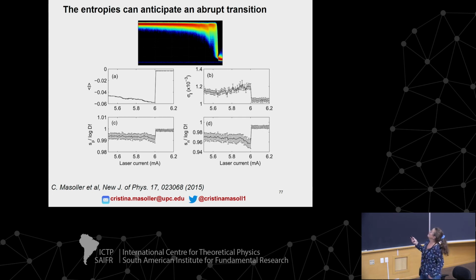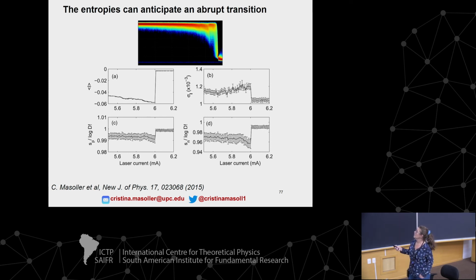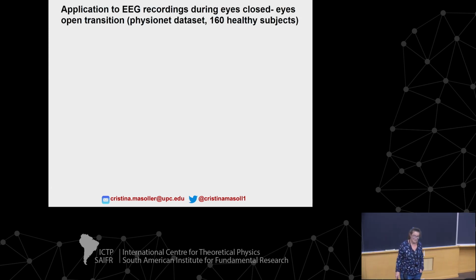You can see here that there is a small increase as you approach the transition. The permutation entropy detects it well in advance. And the node entropy, which is this way of computing the entropy using the network, detects it even more. So it's a good indication that it's possible to detect the transition.